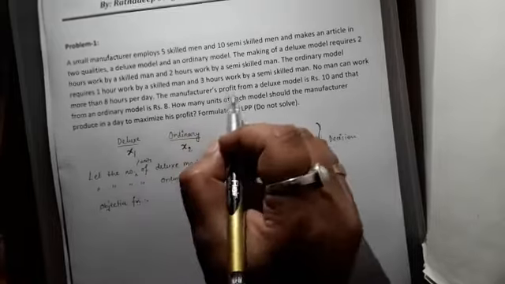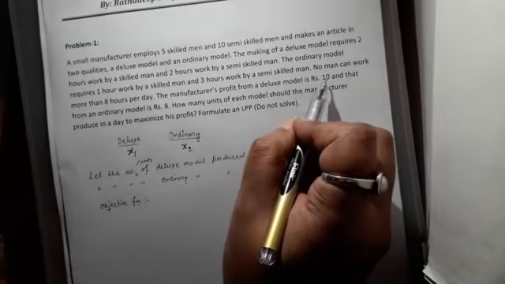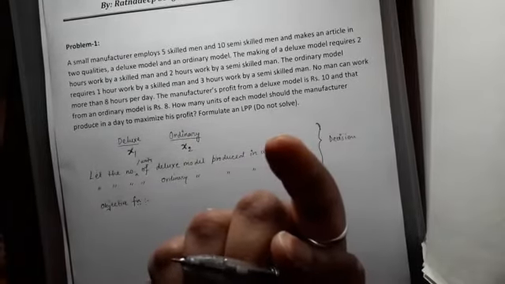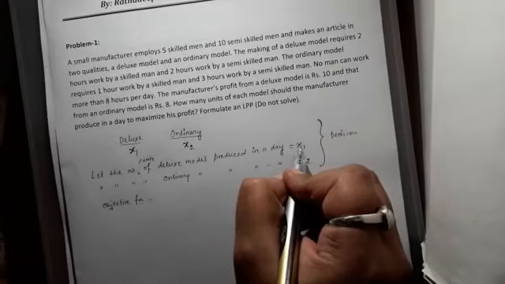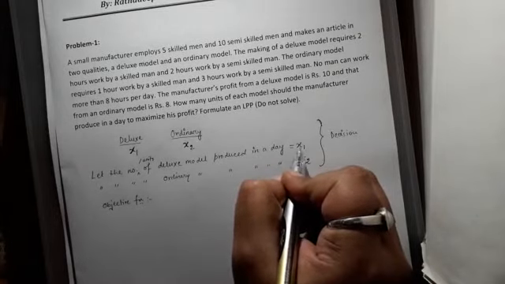The manufacturer's profit from a deluxe model is rupees 10. So from one deluxe model he is earning rupees 10. How many deluxe models is he producing? x1. So how much total profit would he earn? 10x1.